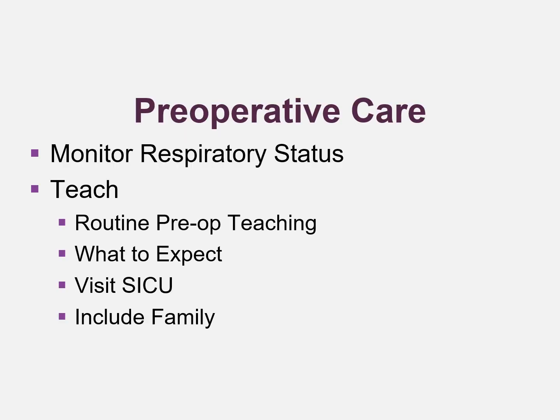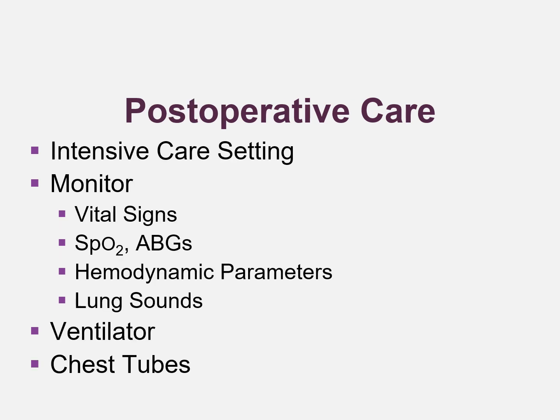Pre-op care, we need to monitor respiratory status, teach the patient any routine pre-op teaching, what to expect. They'll probably be admitted to SICU, and also the family should be included in the teaching. Post-op care, these patients are going to be in the intensive care setting. We need to monitor their vital signs closely, their SpO2, ABGs.